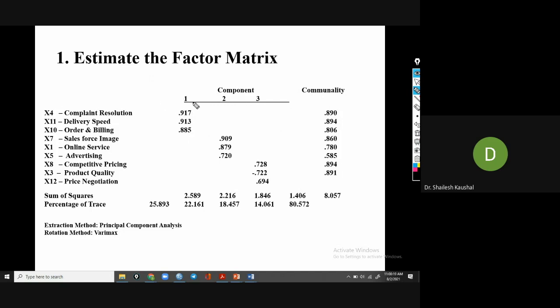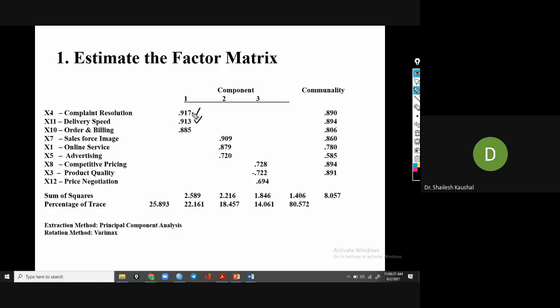So these are the factor loadings, and the sum of squares. When we square this variable, square means it's simply a correlation, and when we square it, it becomes variance.